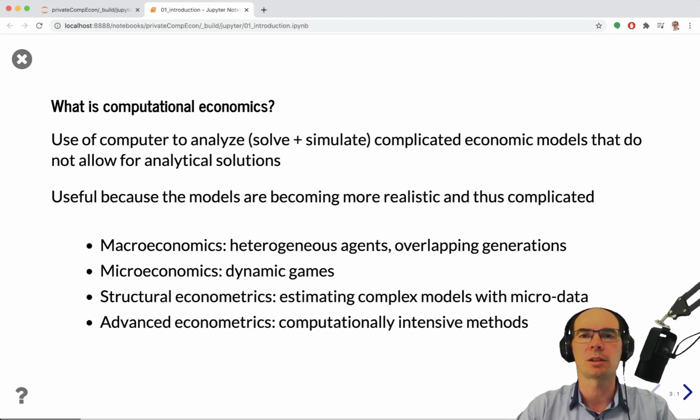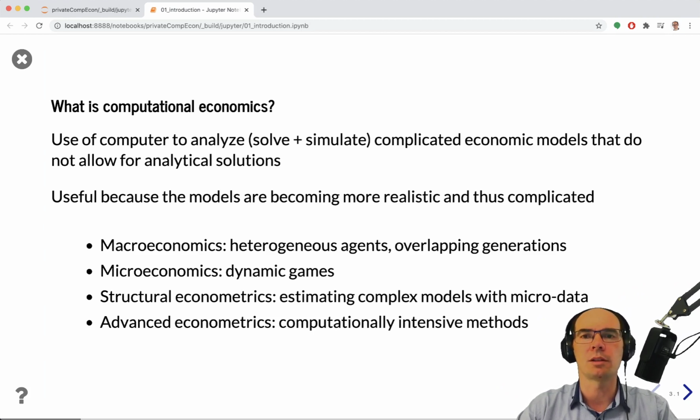In macroeconomics, these are various heterogeneous agent models and overlapping generations models. In microeconomics, a lot of IO is based on computational techniques and numerical solutions, such as topics in dynamic games, for example. Structural econometrics is the field of econometrics where the estimation is based directly on a theoretical model, which usually has to be solved on a computer before it can be taken to the data.